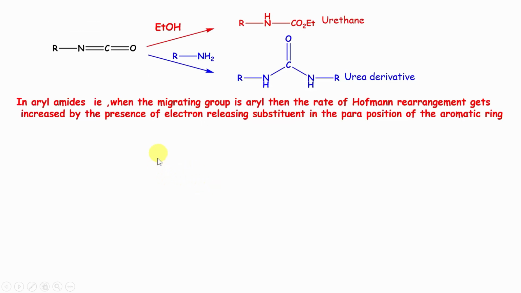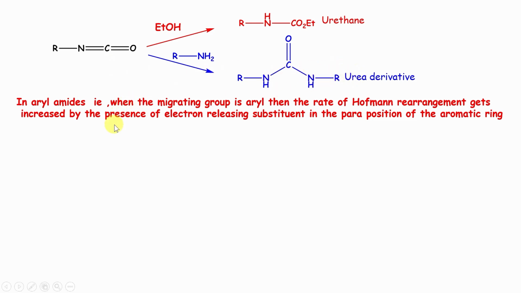If this reaction is carried out in alcohol, urethane is obtained, because the formed isocyanate reacts with alcohol forming urethane. Sometimes a urea derivative is also obtained by reacting the formed primary amine with this isocyanate. Thereby a urea derivative is formed in some cases.